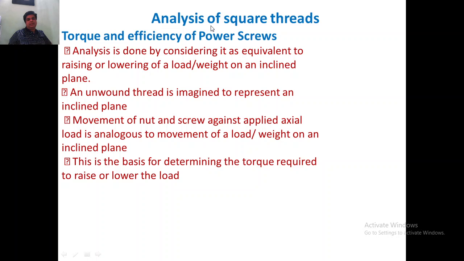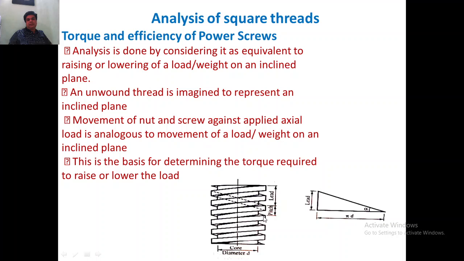Particularly, analysis means we'll be finding out the torque and efficiency of power screws. So analysis is done by considering it as equivalent to raising or lowering of the load on an inclined plane.